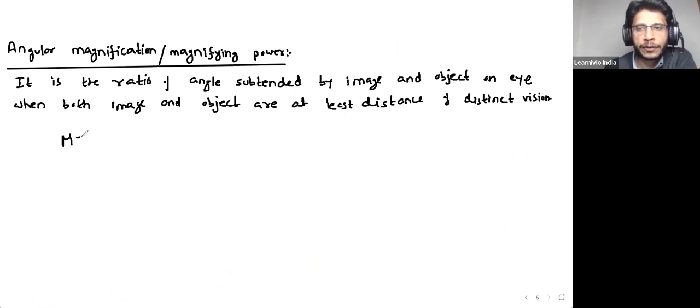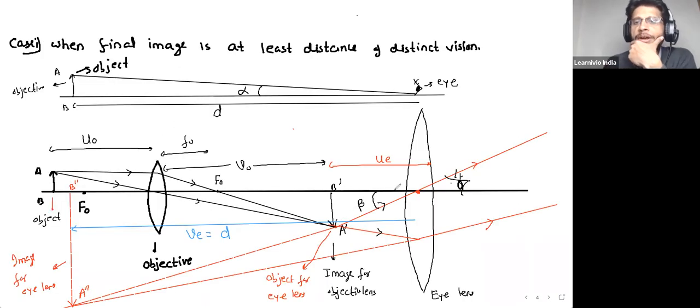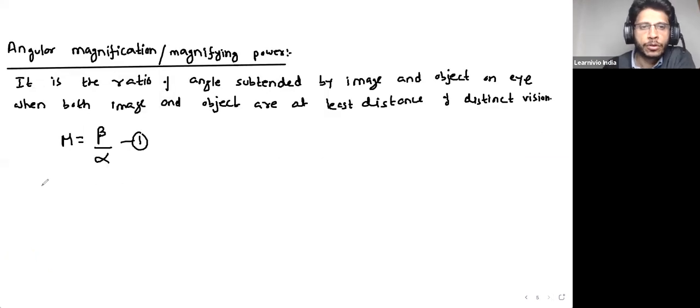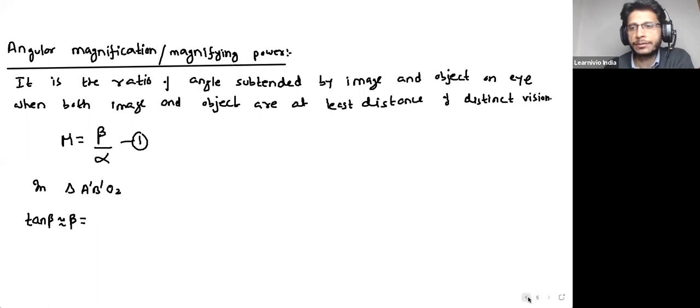So your angular magnification is the ratio of the angle subtended by the image and object. Beta is the angle subtended by the image. Now I want to calculate this angle beta. To calculate beta, I am using this triangle A prime B prime O2. In triangle A prime B prime O2, we can write that tan beta is almost equal to beta.